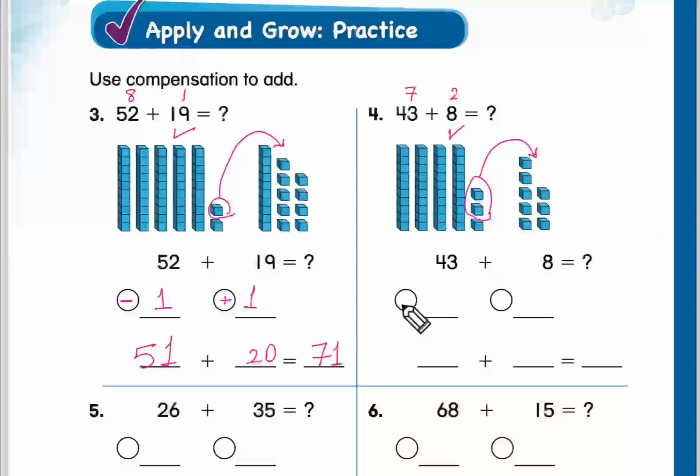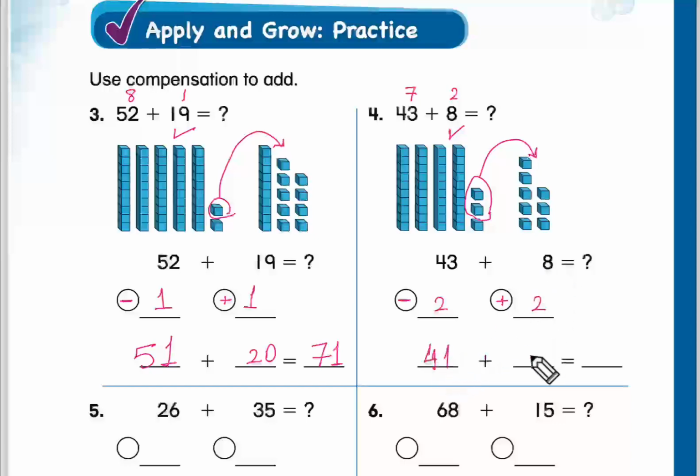Okay, so we take 2 away from the 43, and to the 8 we add these two. Go ahead. 43 minus 2 is 41.